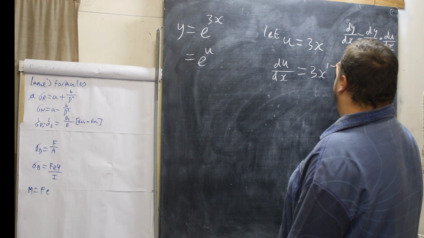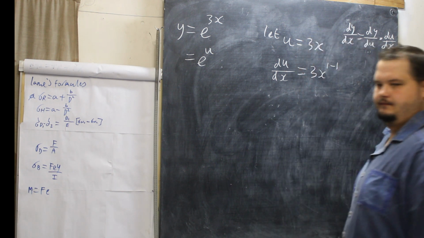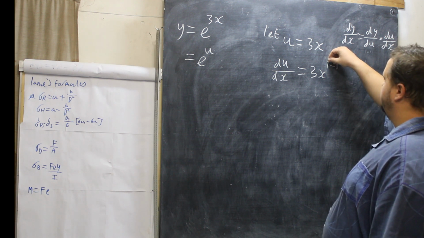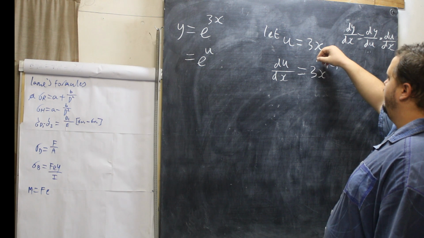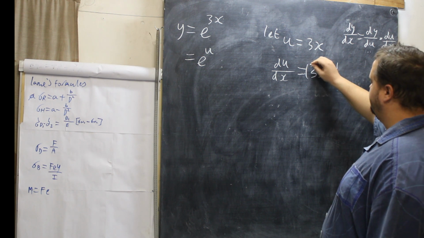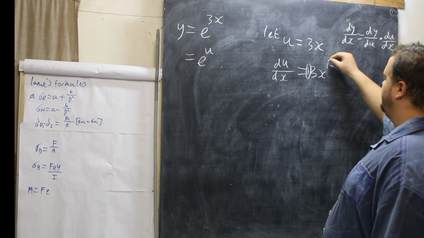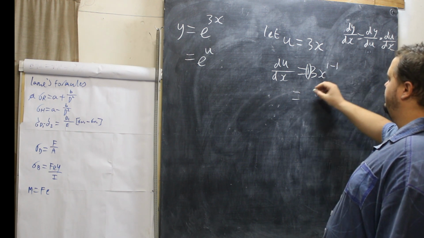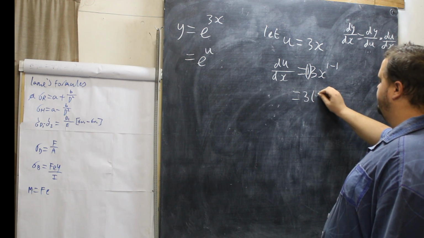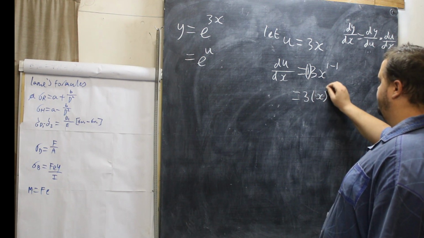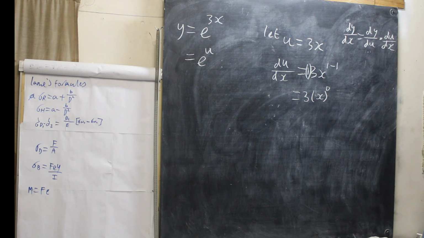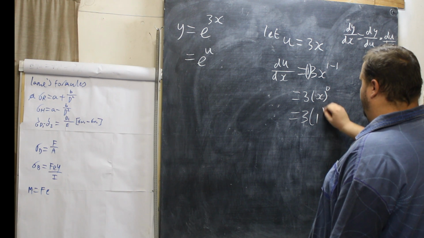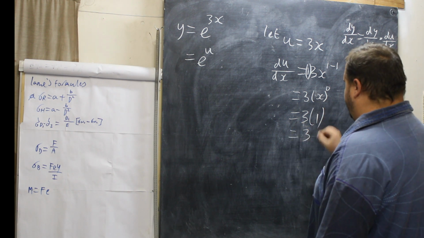3x to the 1 minus 1. Right, so 1 times 3 is 3, and 1 minus 1 is 0. So it is 3 times x to the 0, which equals 3, because anything to the power 0 is 1. So 3 times 1, so that's 3.